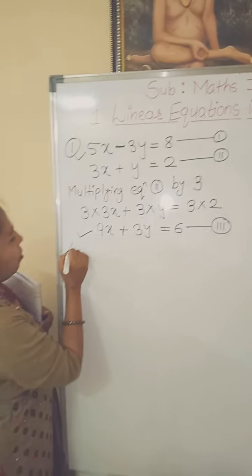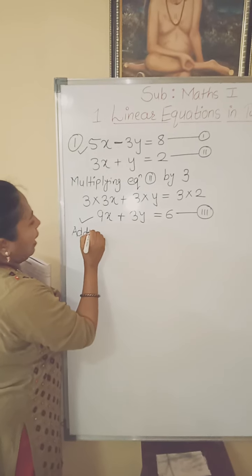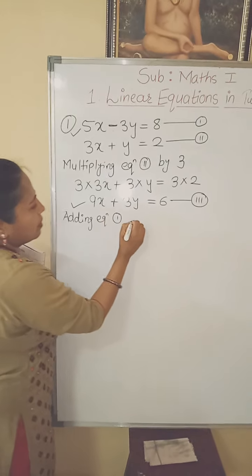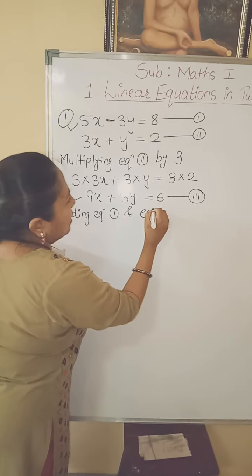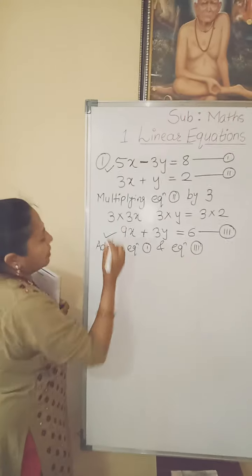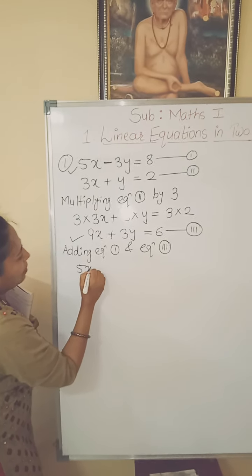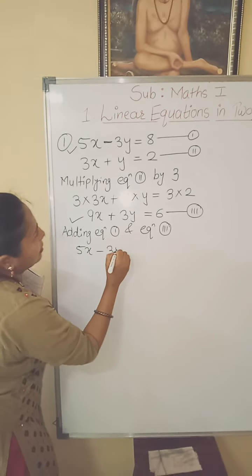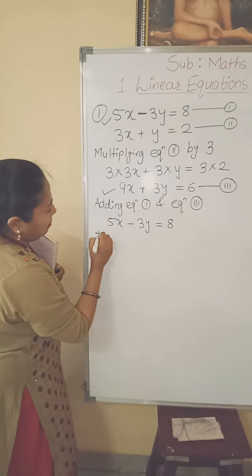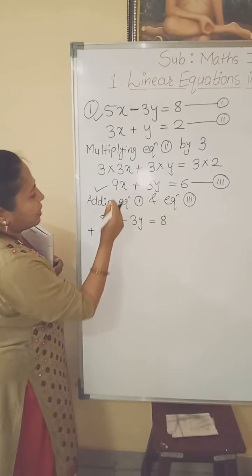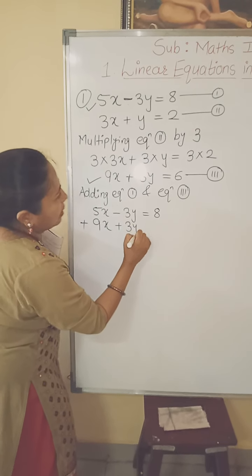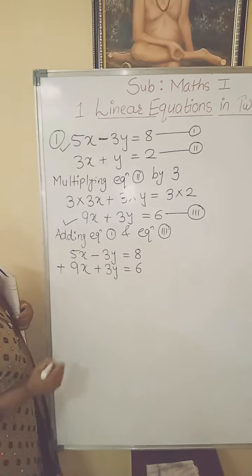So we will write the order: adding equation 1 and equation 3. So write the first equation: 5x minus 3y equal to 8 plus, write third equation, 9x plus 3y equal to 6.